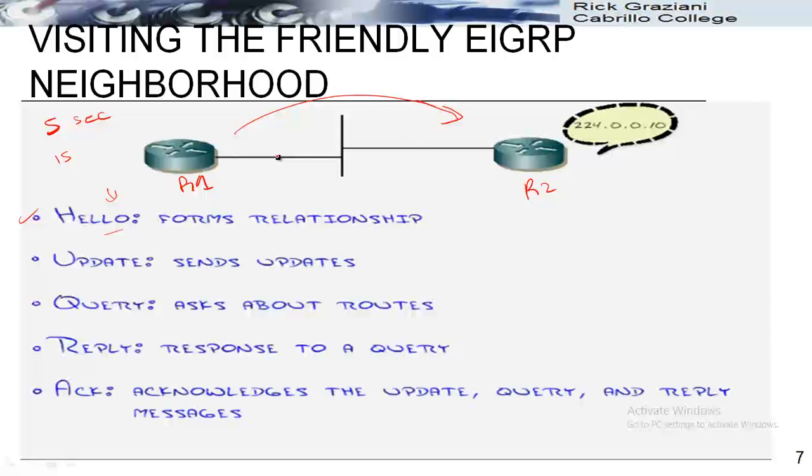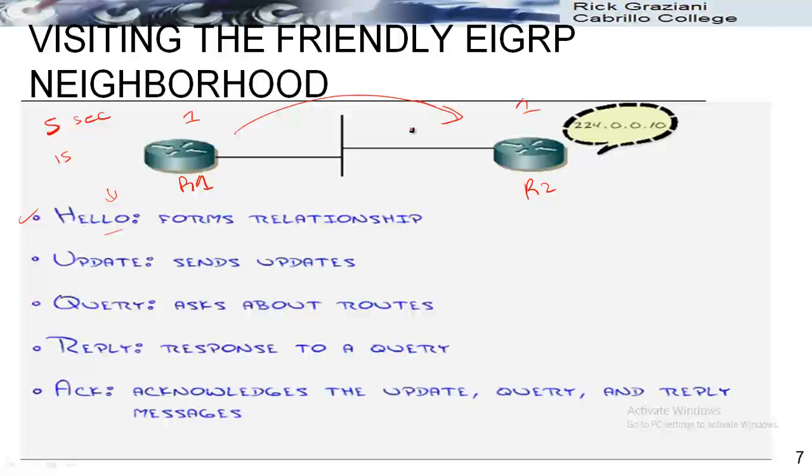Luckily for EIGRP, it's not a picky protocol compared to OSPF. It's not so choosy about its neighbors. The main thing that needs to match is the process ID. If you choose a process ID of 1, you have to stick with 1.